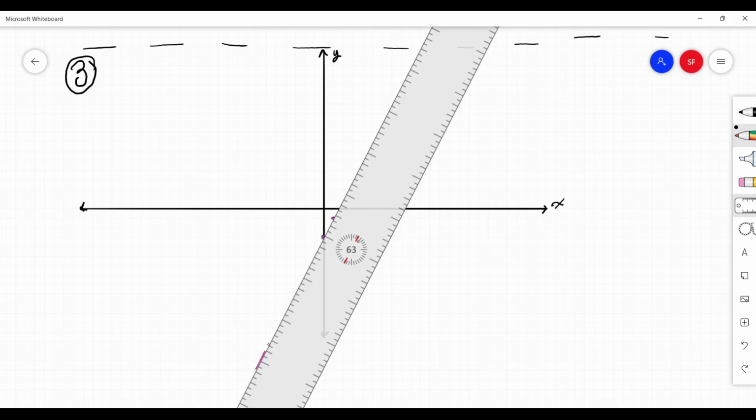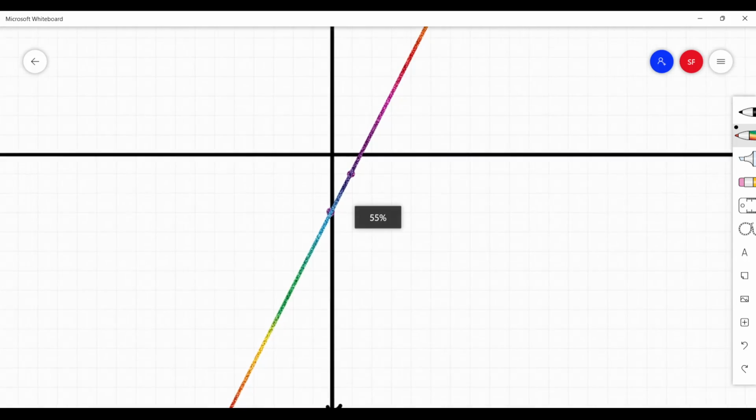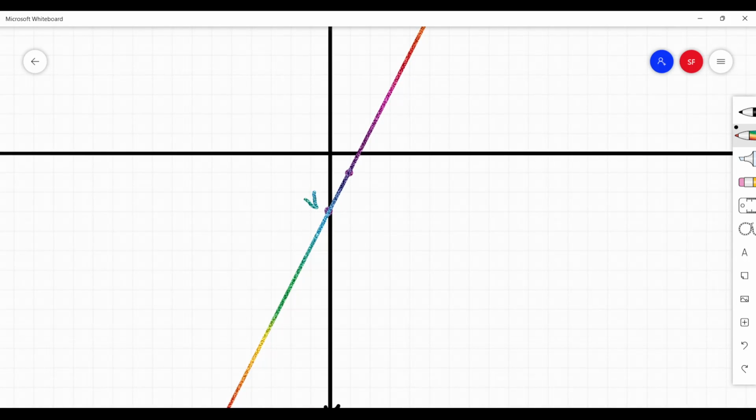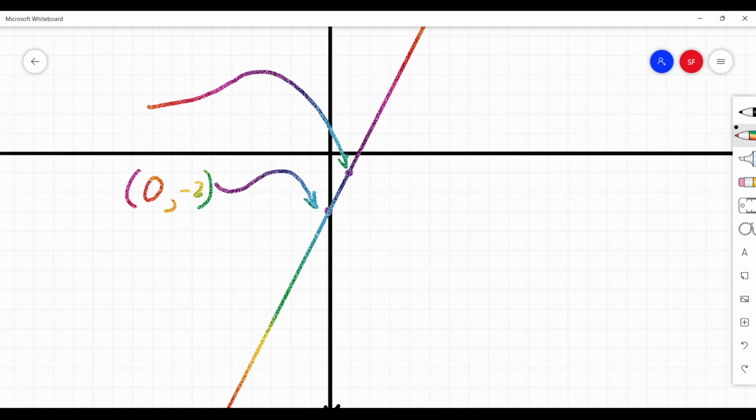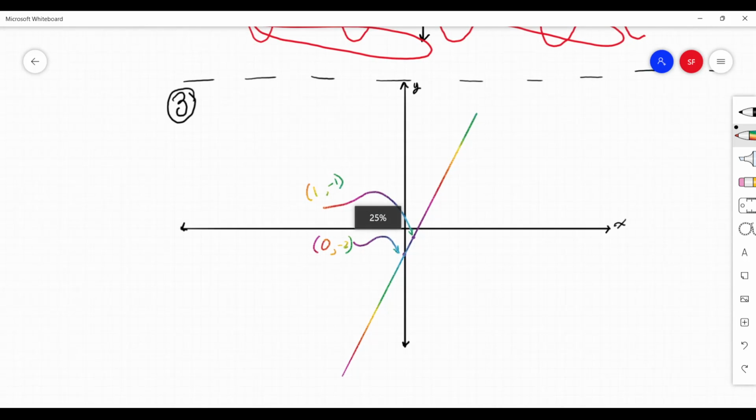Where are the dots at? This dot is 0, -2, and this dot is 1, -1. Okay.